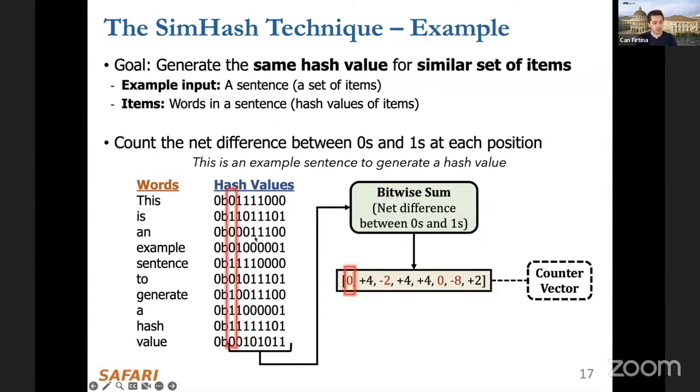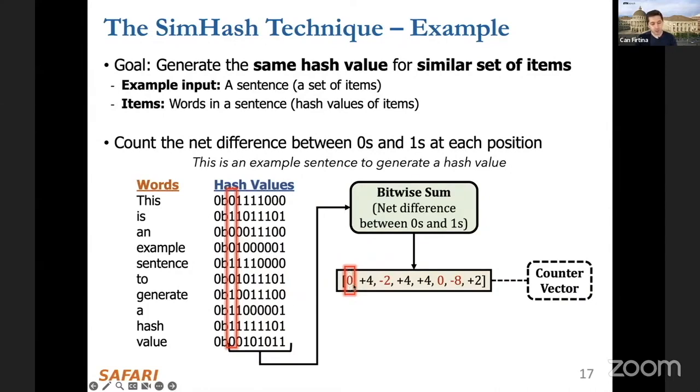So at each position, we start with the most significant bit, which is the leftmost position in this hash value and also in this vector that we use as a counter vector to count the net difference between zeros and ones. And what we essentially do is count all the zeros and ones here, and then show the net difference between zeros and ones.